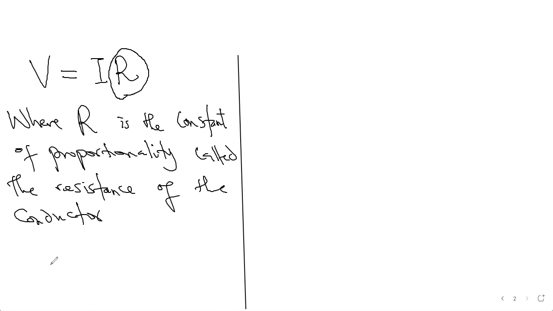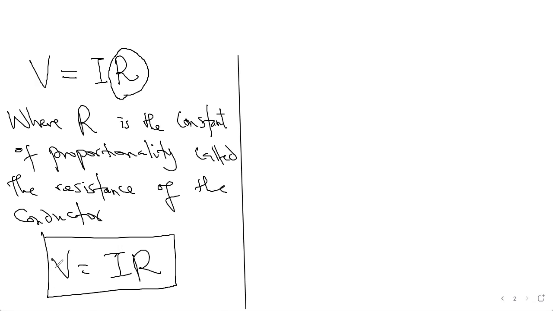So that's the formula, V equals IR. This formula is very, very fundamental and very useful. V is measured in volts, that's the voltage or the potential difference. I is the current, measured in amperes, and R is the resistance, measured in ohms. So those are the units: volts, amps, and ohms.